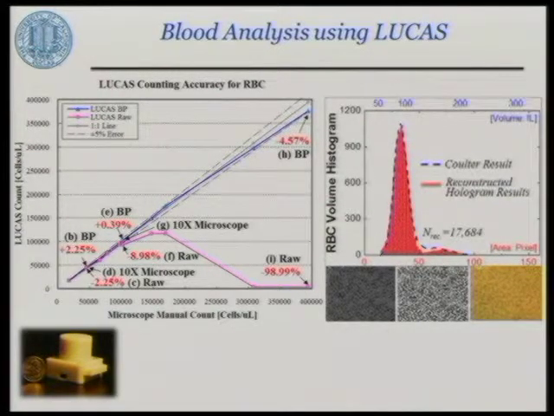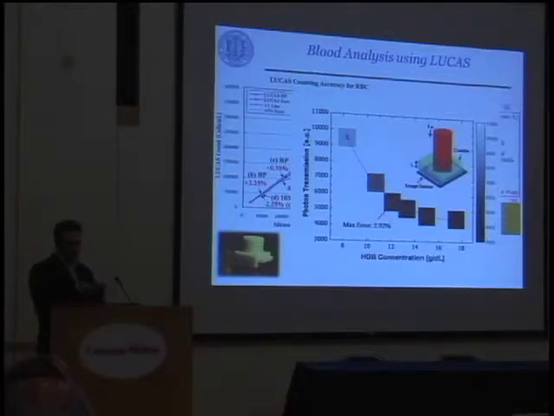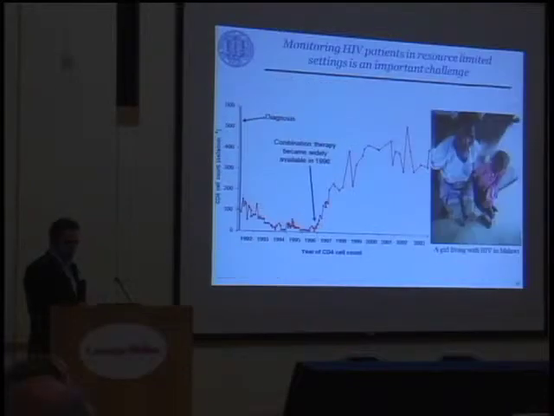We can also estimate the volume of each cell, and that actually is quite important for various different diseases because the histogram of the cell volume changes as a function of actually certain parameters. And you can do other stuff with the same platform, such as measurement of white blood cell density or hemoglobin content, to conduct essentially blood analysis on the same platform.